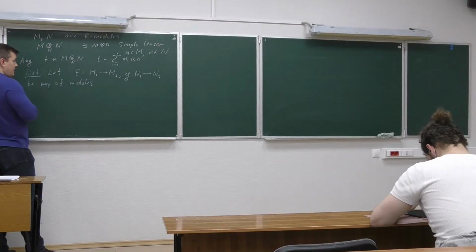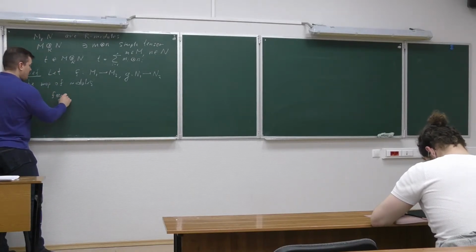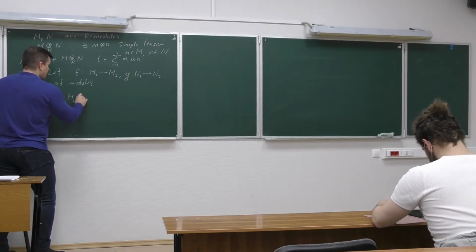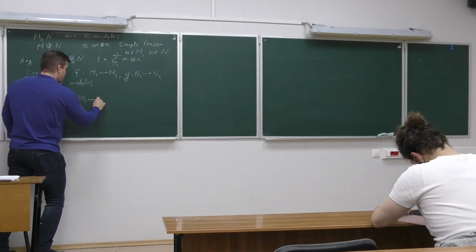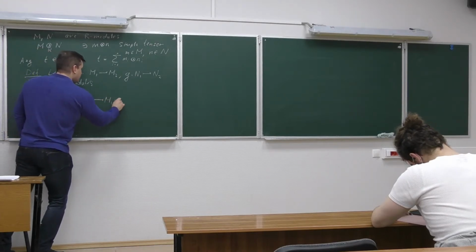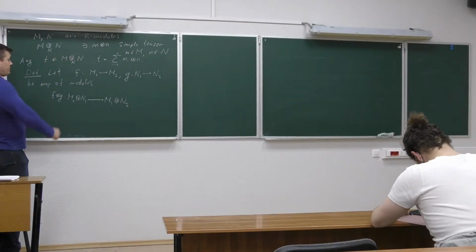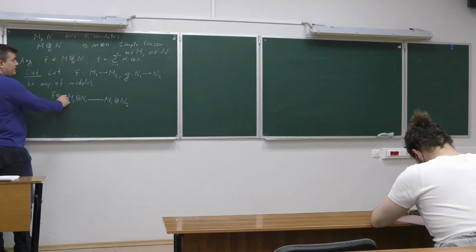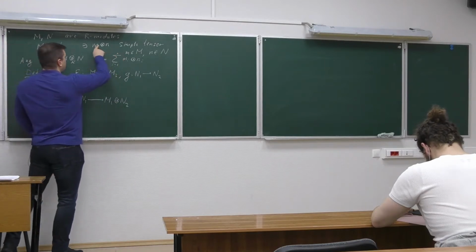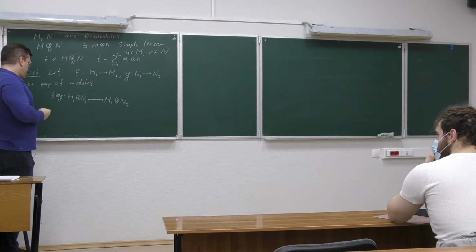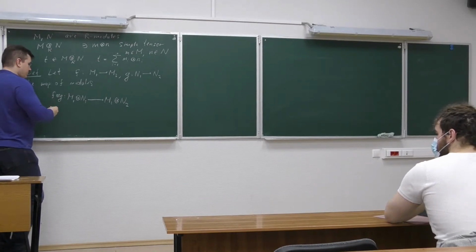Then we can define the tensor product of the maps. So F tensor G will be a map from M1 tensor product with N1 to M2 tensor product with N2. And how can we define this? Well, if I want to define something, I can define this on simple tensors, right? And then just extend by additivity to all possible tensors. So on simple tensors, the definition is quite straightforward.